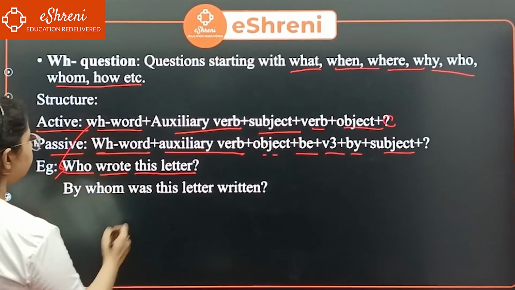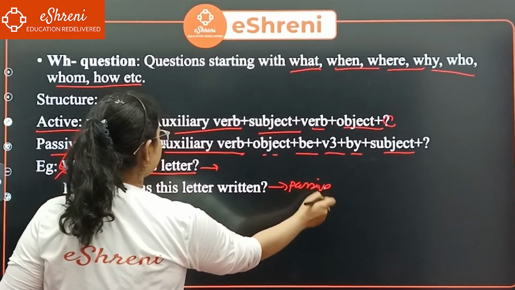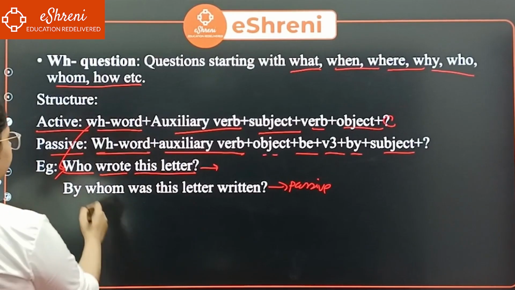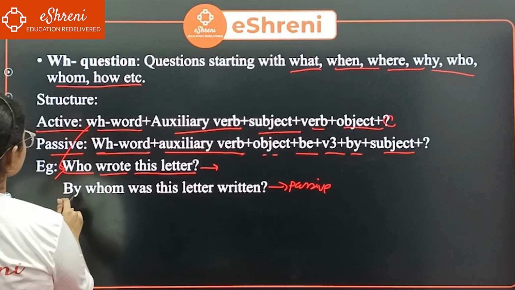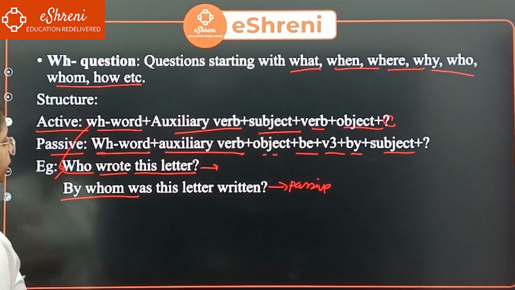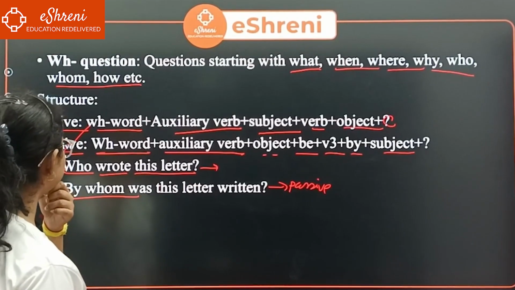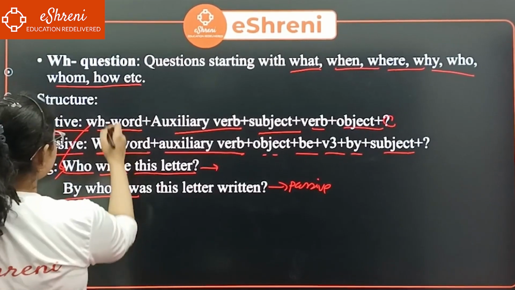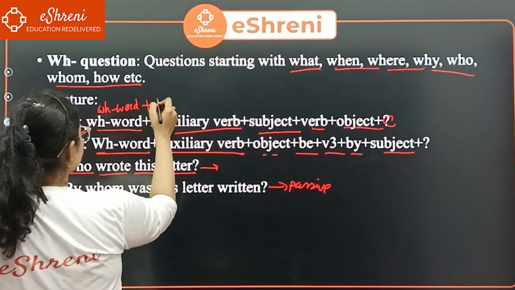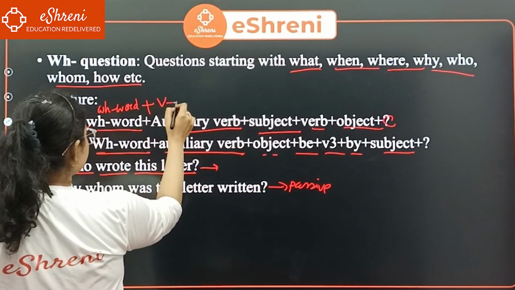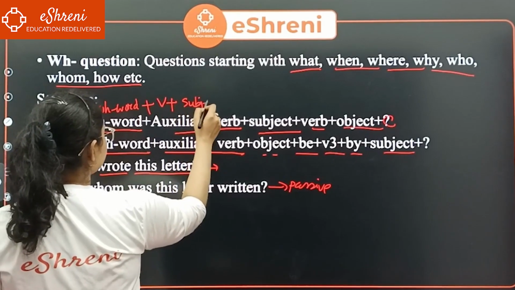So there if you change it into passive voice, next by whom will come. By whom was this letter written? Okay, there is some mistake here. So here first comes the WH word, all right. So after the WH word, next comes the verb, the subject will come next.